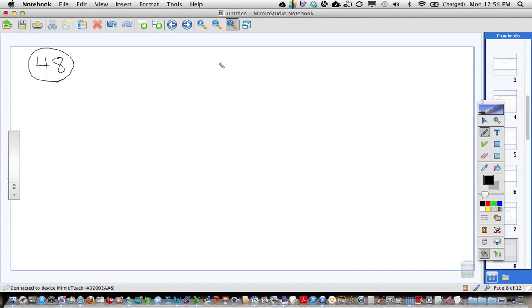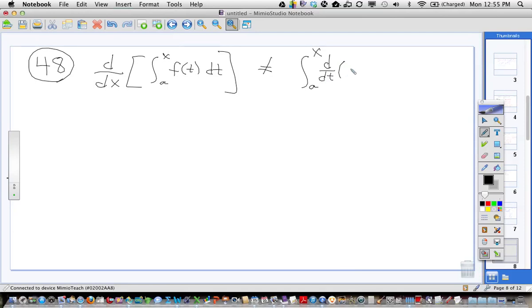Here's what 48 says. You're supposed to show that this derivative here is not equal to, I think, tell me if I write this wrong, I think I remember what it was.